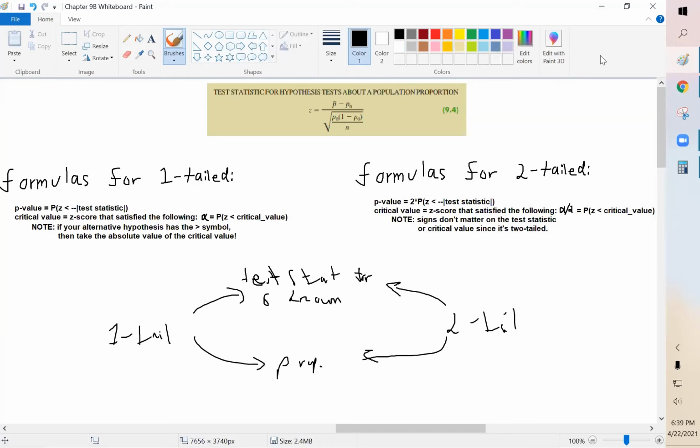I know our people in person are good to go. Okay, I'll give you about a minute to write it down. And again, you don't need to write down one tail, two tail, just draw the arrows. Save yourself some time.